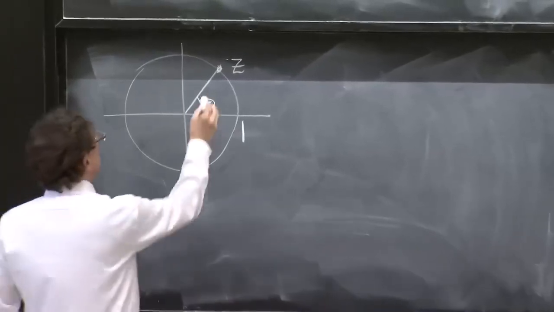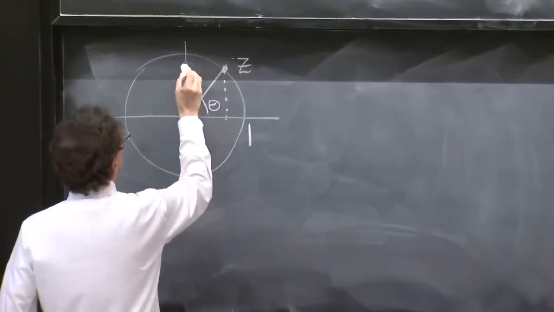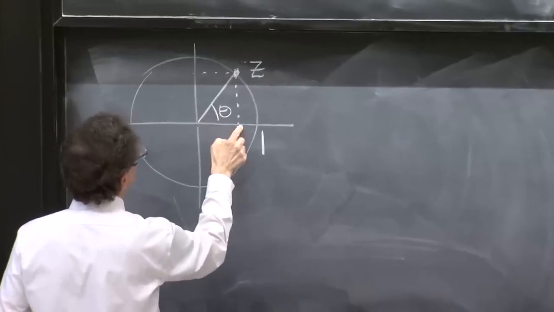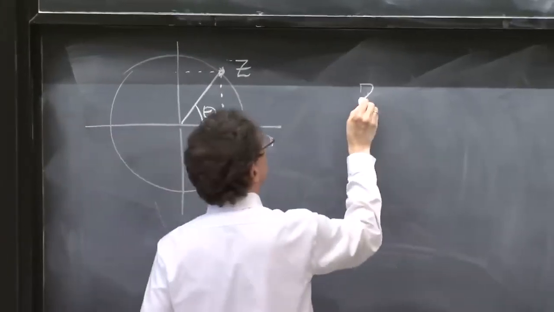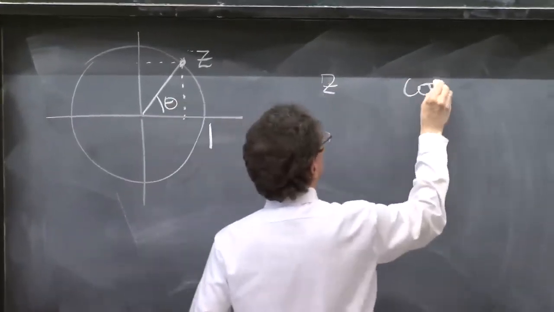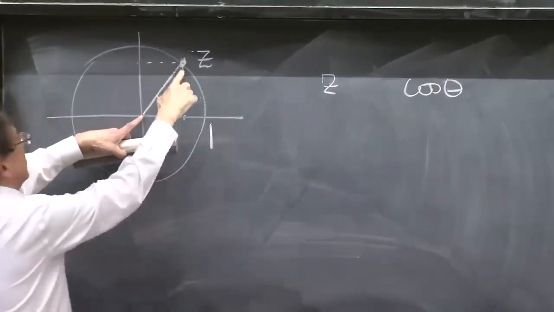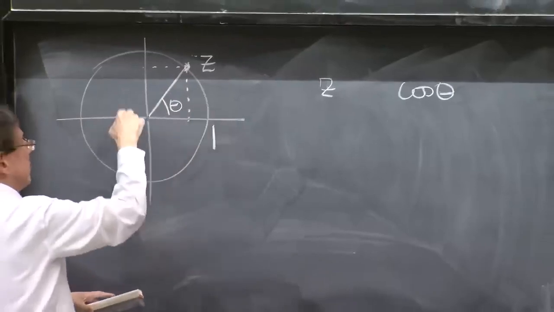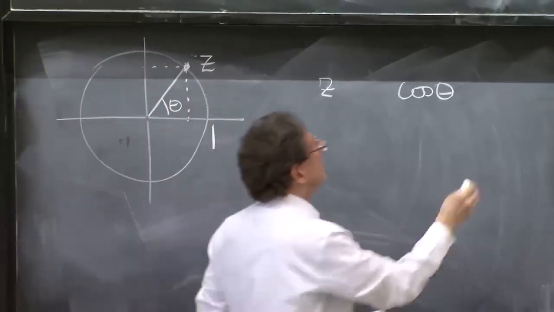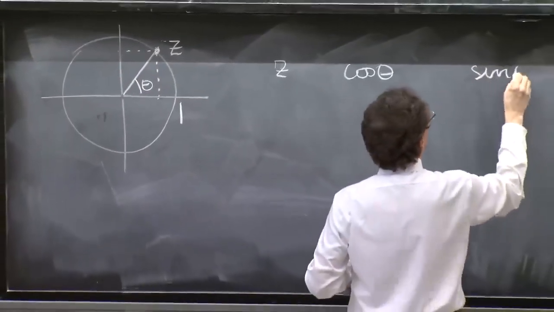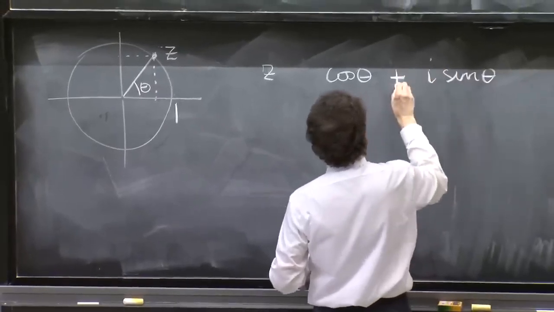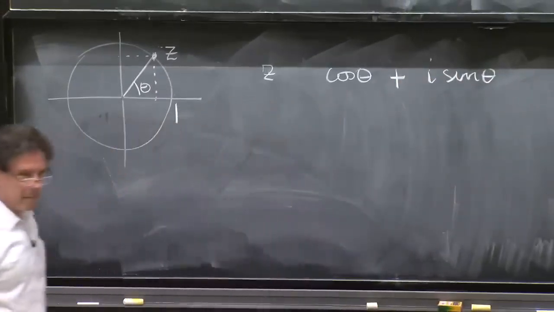So I would know that its real part would be cosine theta, and its imaginary part would be sine theta. It's a circle of radius 1. So that must be the complex number.